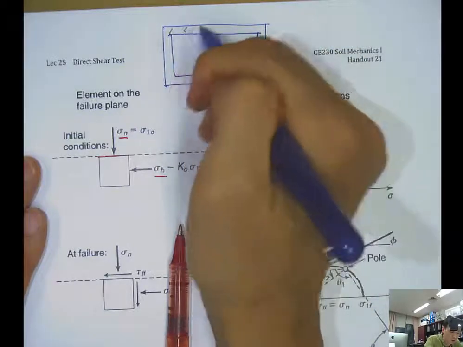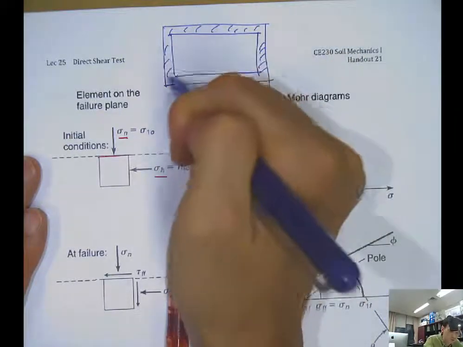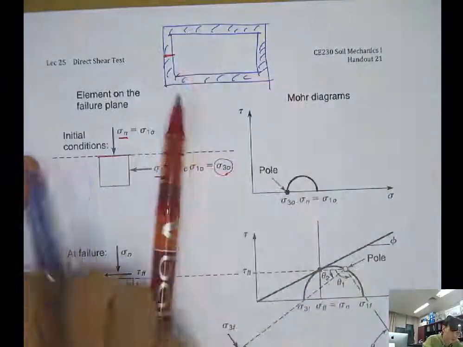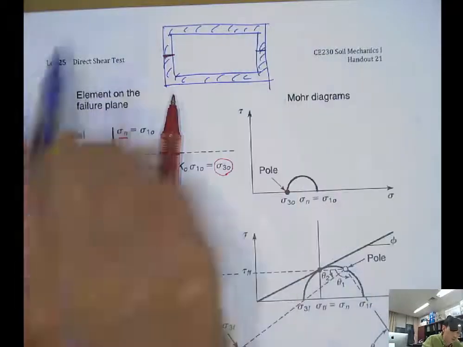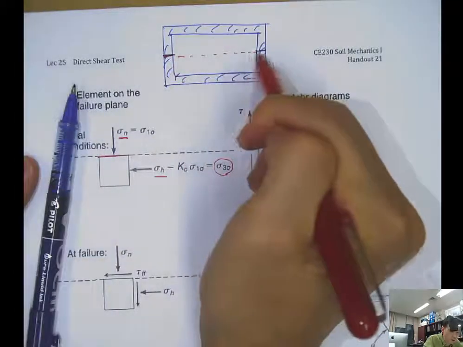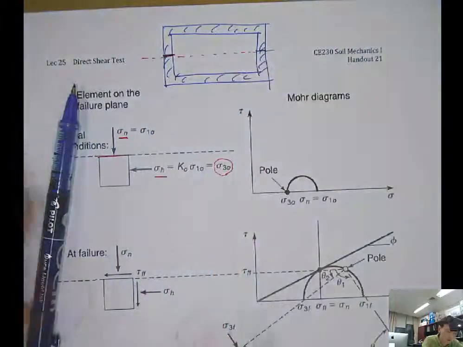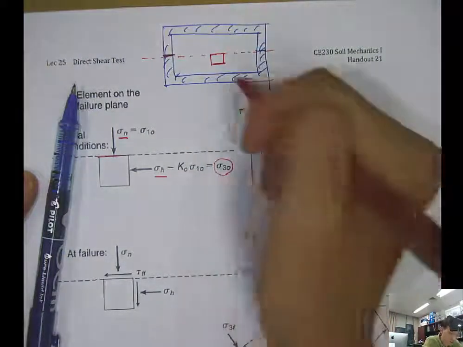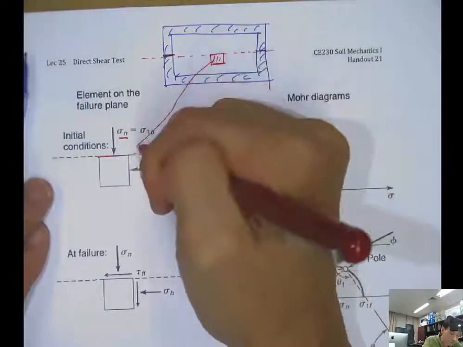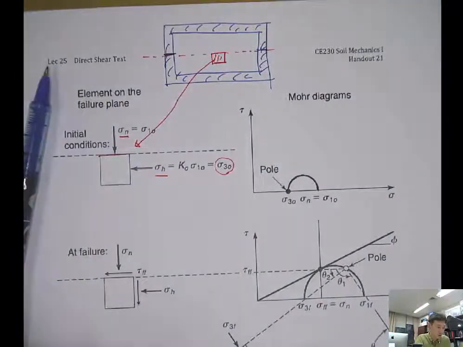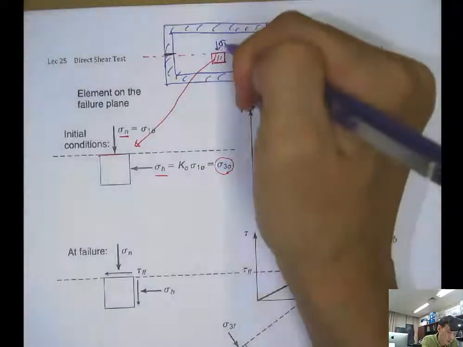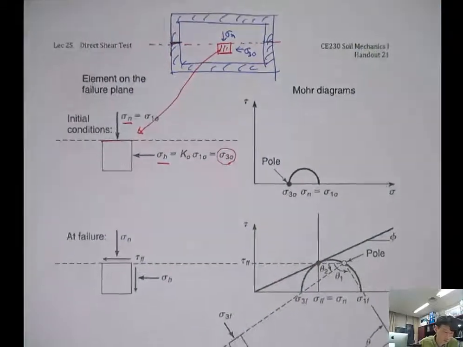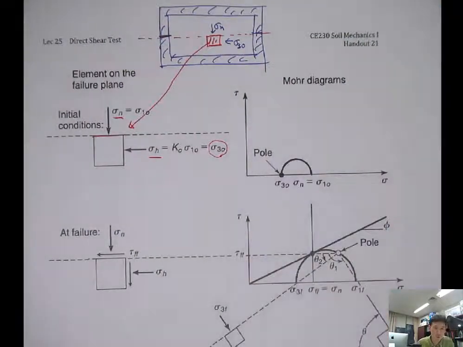Inside we have soil, and this is the potential failure plane that we are looking at. Sigma n is applied here, and here sigma 3 naught, right? So then this will be the pole.